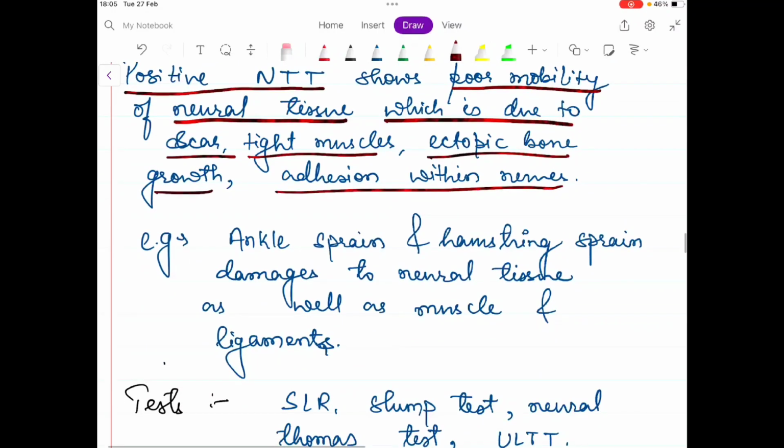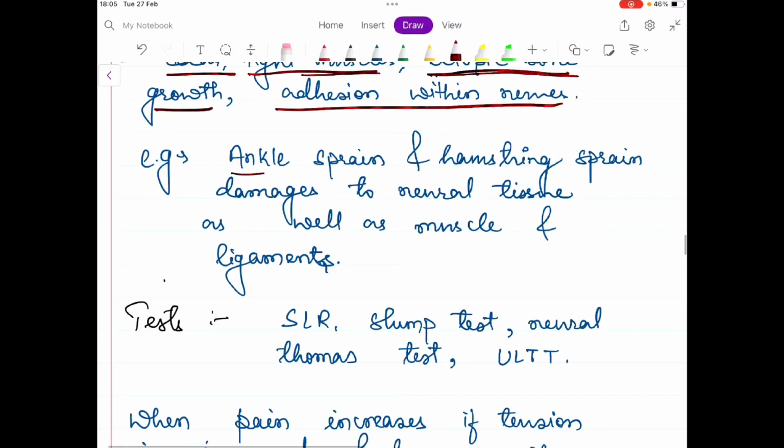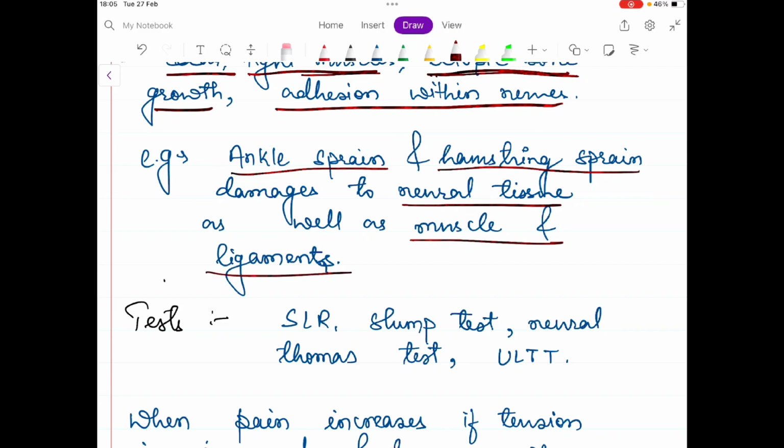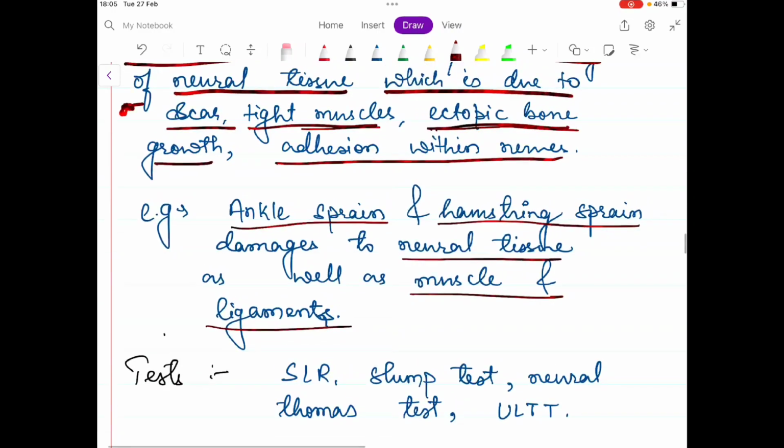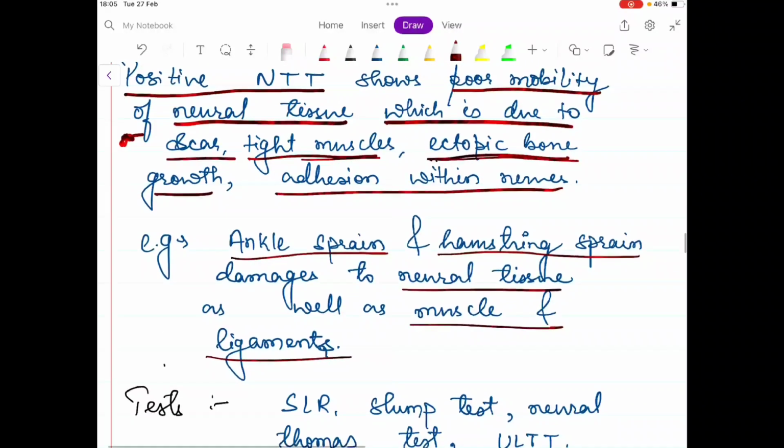For example, ankle sprain and hamstring sprain damage the neural tissue as well as muscles and ligaments.